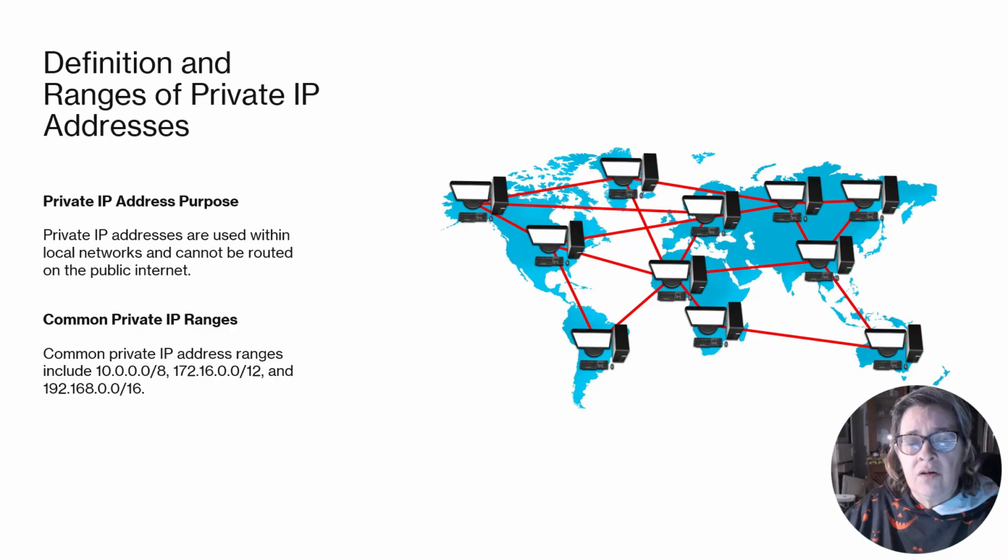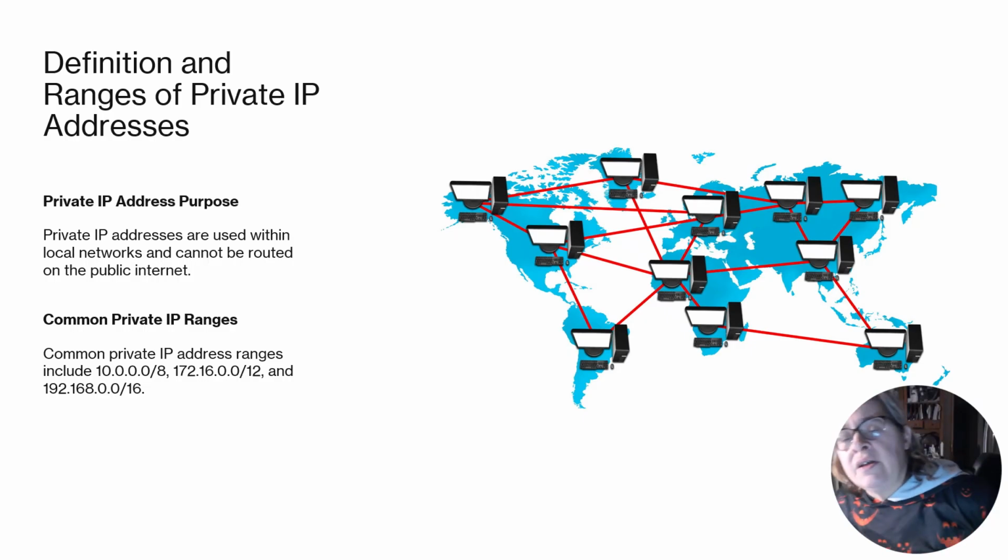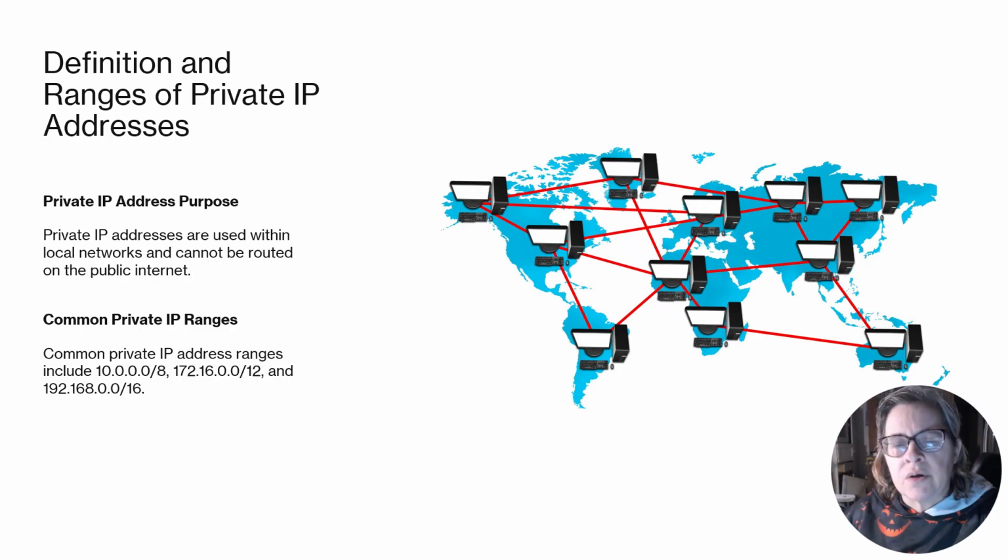Common ranges include 10.0.0.0/8, 172.16.0.0/12, and 192.168.0.0/16. So if you see an address like that, it's a private network, something that doesn't connect out to the wide, Brave New World.